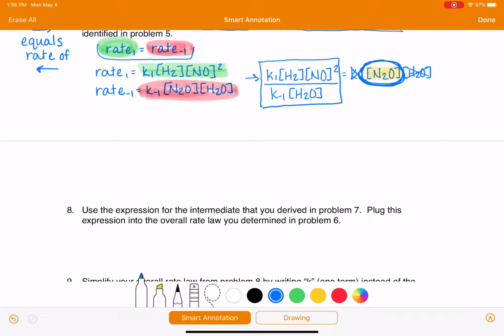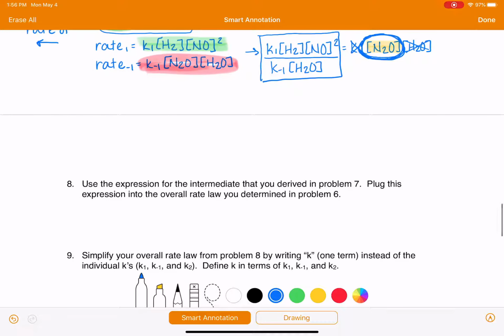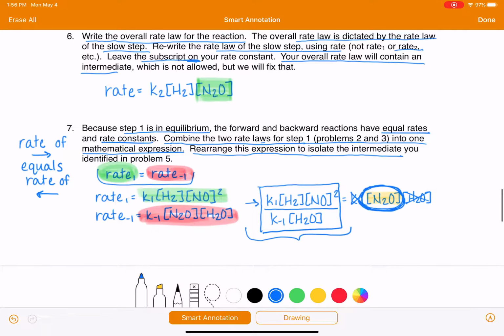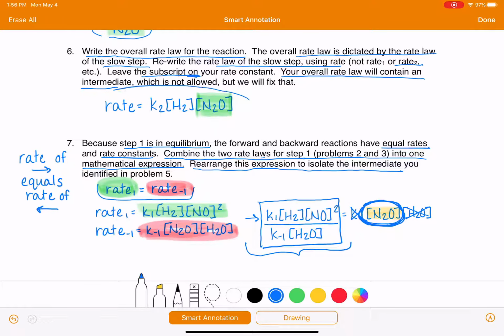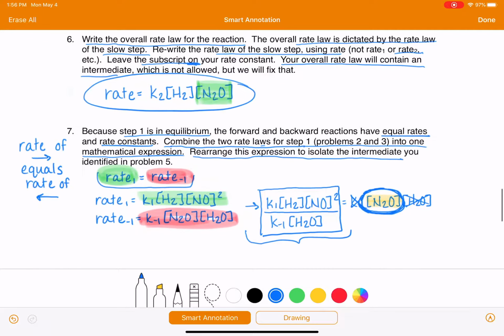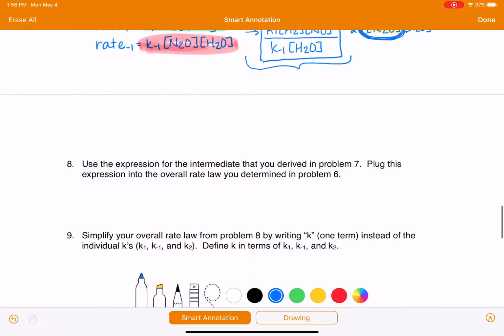Next, use the expression for the intermediate that you derived in problem 7. So this is the expression for the intermediate. Plug it into the overall rate law. The overall rate law, this is our overall rate law. Rate equals K2, H2, N2O.